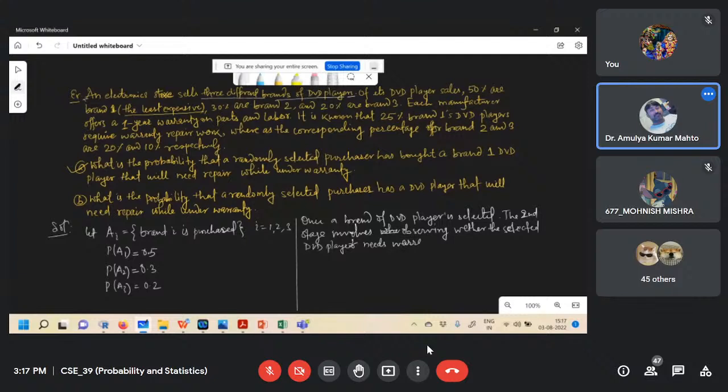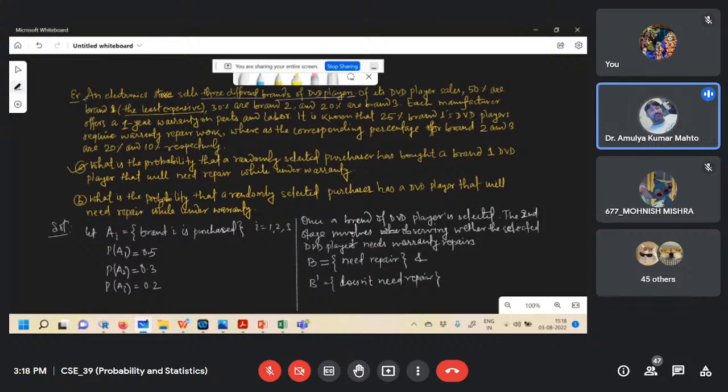So I may consider B as the event denoting that the DVD player needs repair, and B complement is an event denoting that no repair is needed. So these are the two events.